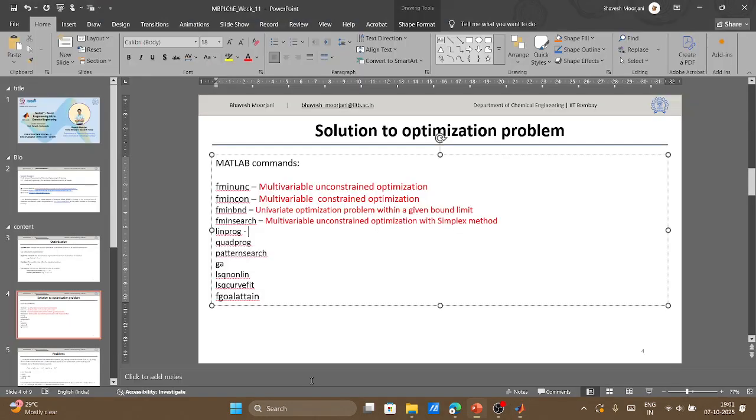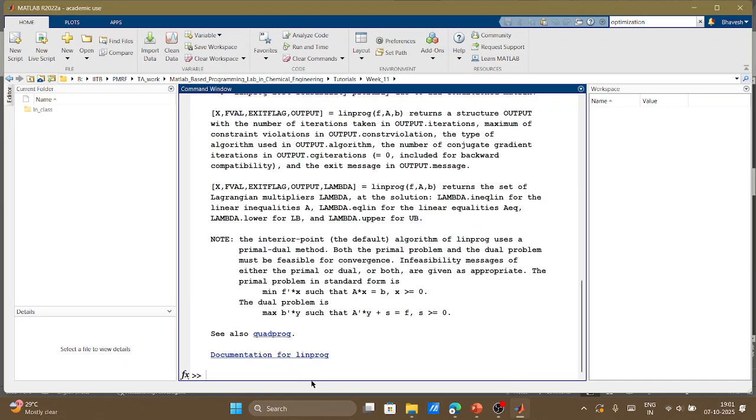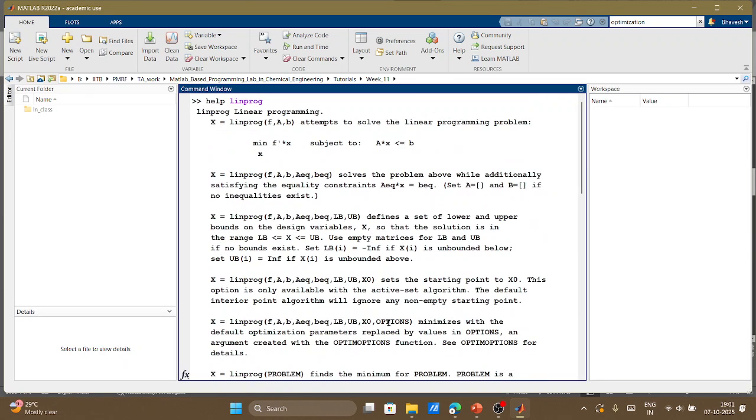Now next we have linprog, help linprog. So this is linear programming. It attempts to solve the linear programming problem: minimize f transpose x subjected to Ax less than or equal to b, right? So it solves the problem above while additionally satisfying the equality constraints.